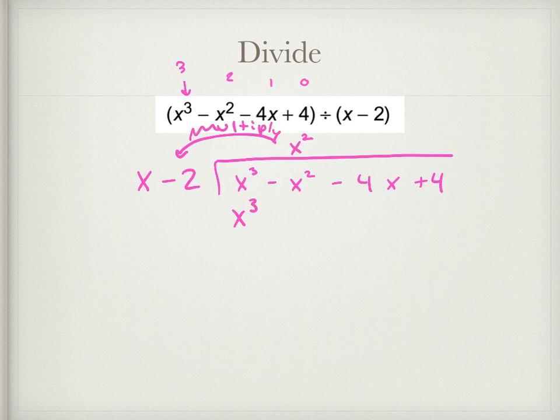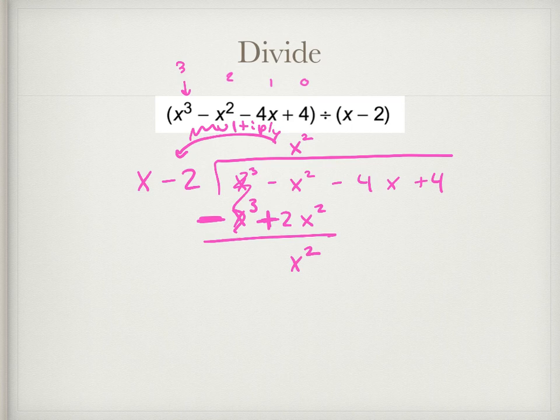Negative 2x squared. What do we do next? Switch the signs. Add them together. What's x cubed minus x cubed? Cancels out. What is negative x squared plus 2x squared? X squared. Awesome.